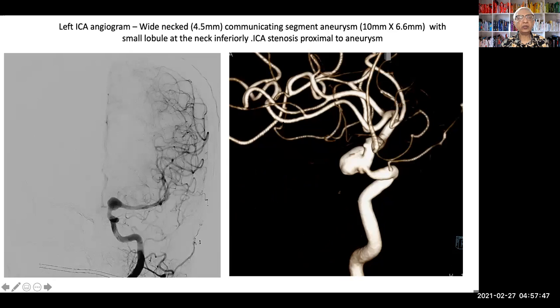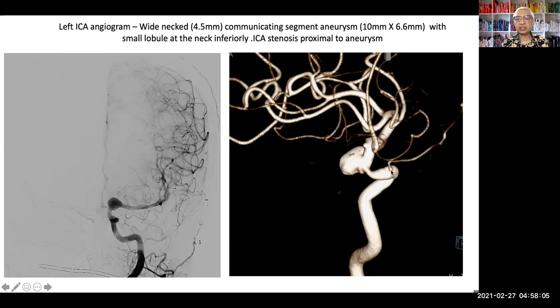When we took an angiogram of the left side, we find another aneurysm. The vessel is very tortuous. There is a very tight hairpin bend at the point where the petrous segment is joining the cavernous segment.